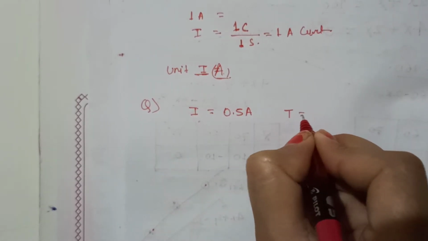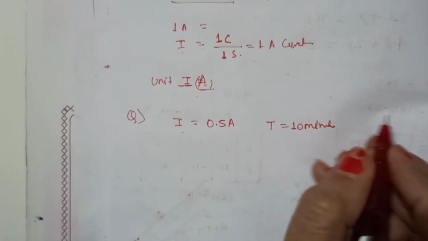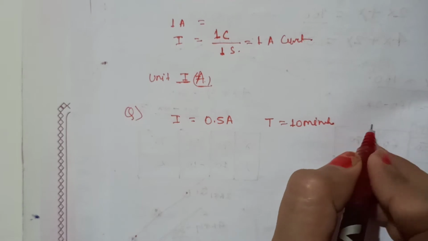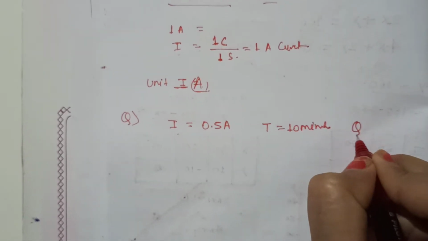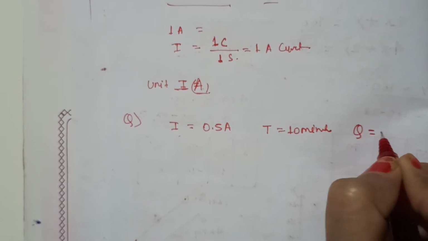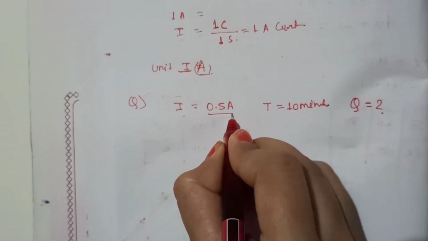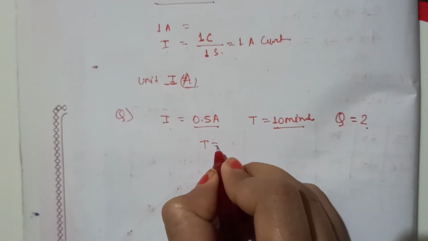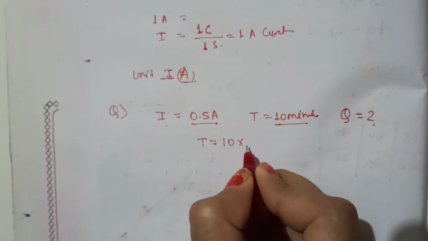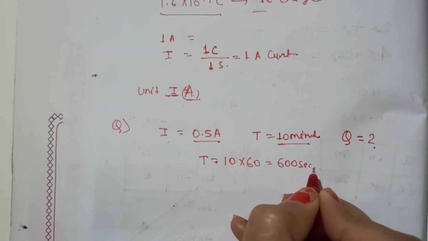Find the amount of electric charge that flows through the circuit. Now it is asking to find Q. I is already given as 0.5, time is 10 minutes. We can convert 10 minutes into seconds, so that is 600 seconds.